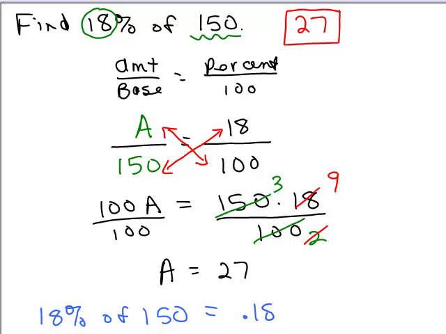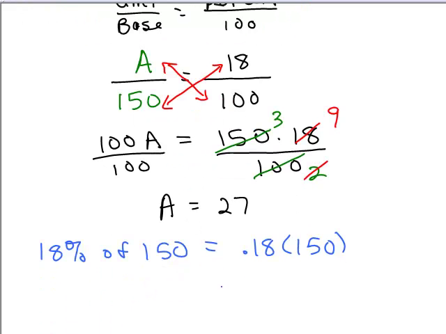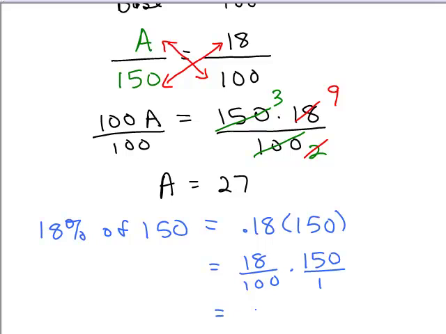You could either do that as 0.18 times 150 and then do your multiplication, or you could write 18% as 18 over 100 times 150, maybe I should write that as 150 over 1. And no matter what, you're going to still get 27. Not necessarily setting up an equation with a variable. All right, so proportions is just another way of solving any problem that has to do with percents.